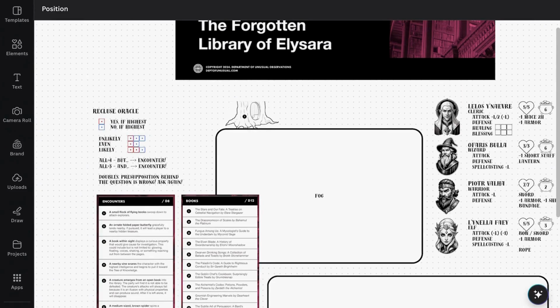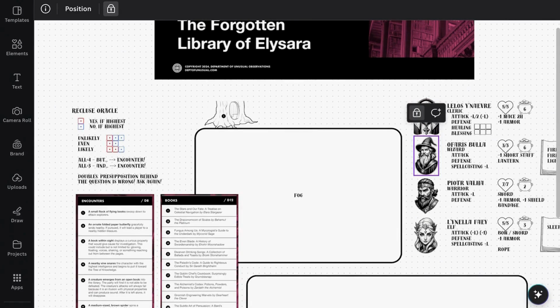So I think as we don't have a rogue, we cannot look for hidden doors, but Lelos and Opharis both have the past, the experience about looking for this entrance, and they've read about how the others tried to find this Forgotten Library. So I assume that Lelos and Opharis can try to recognize if there is a door.